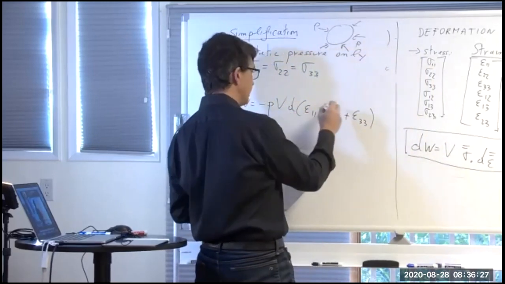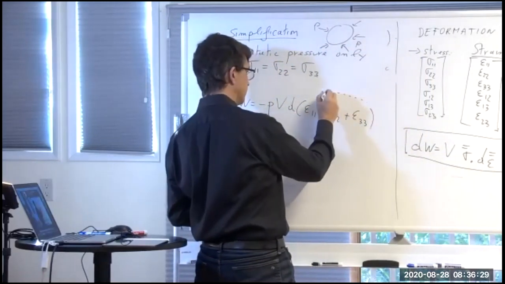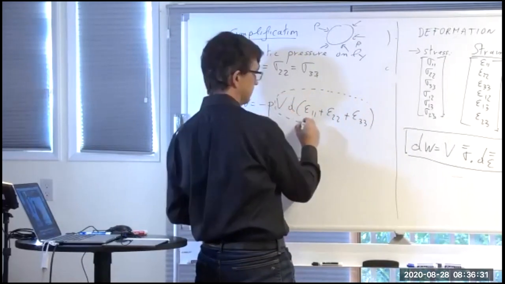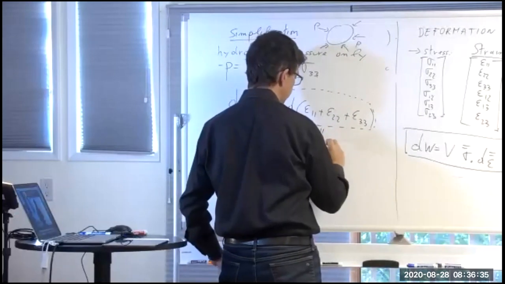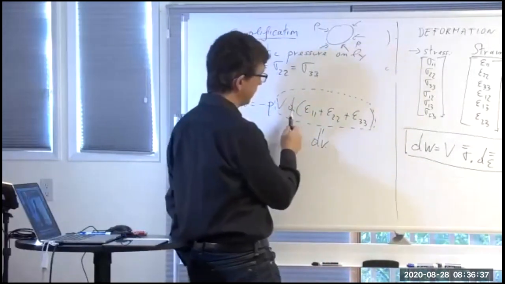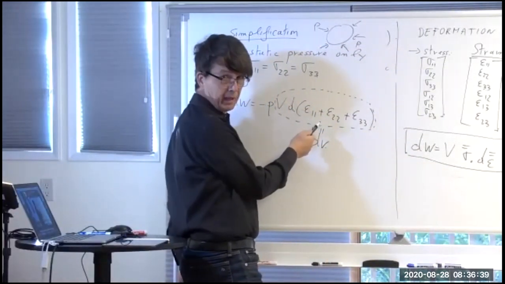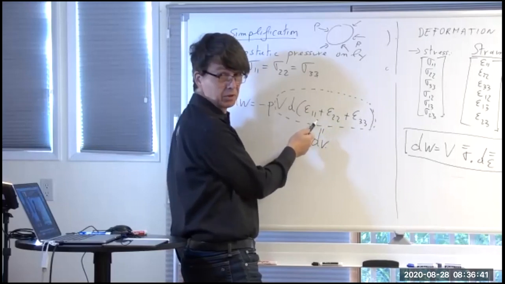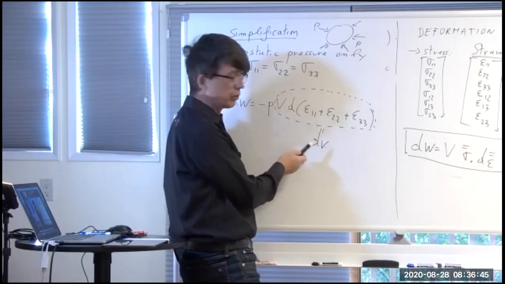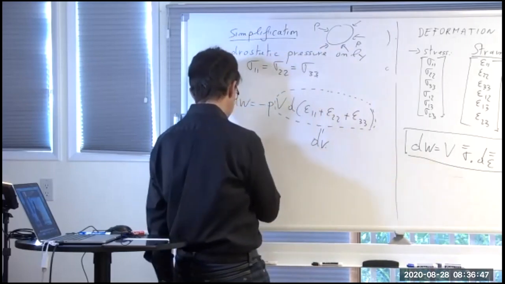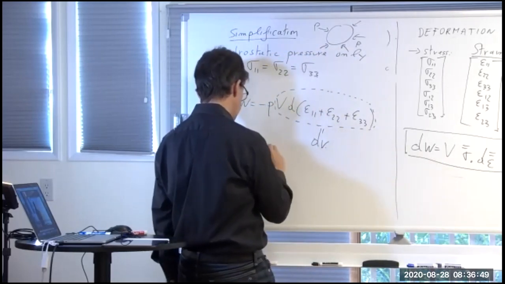And this here together is the differential change in volume, right? The reason is that the variation of the normal elements of the strain is the relative volume change, and then you multiply with volume, so you get dV. So what you find is that dW is minus PdV.